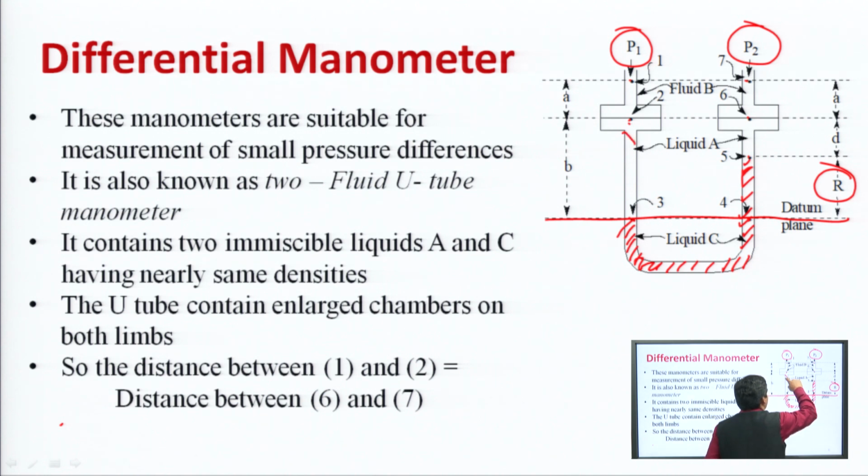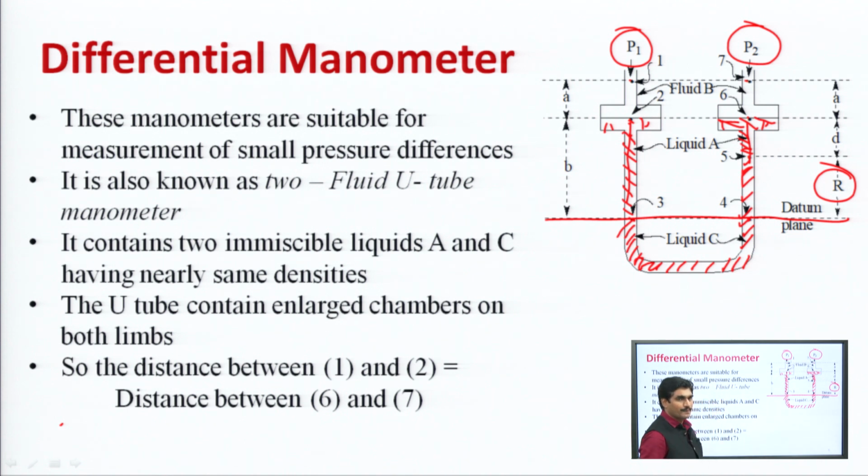Here, in this area liquid A is filled, and above that fluid B is filled. So, these are the basic construction of a differential manometer. What is this?